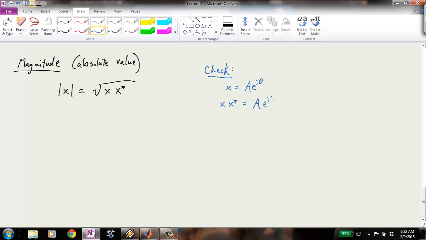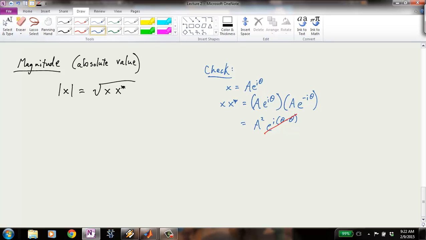a e to the i theta times a e to the negative i theta. All right. Now multiply these, you get a squared e to the i theta minus theta, that's a 0. So this whole thing can be ignored because this is a 1. Right.